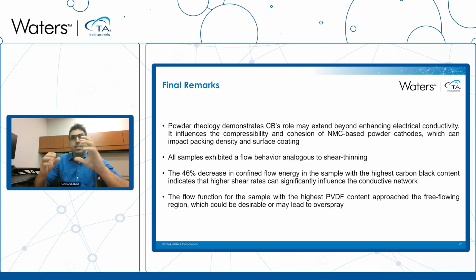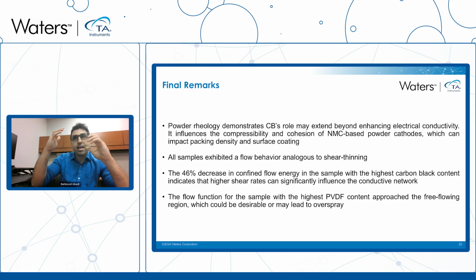So when you see this huge drop in the flow energy, it means that that network-like agglomeration of carbon black is destructed, because if it was still in place, you would have higher flow energy.